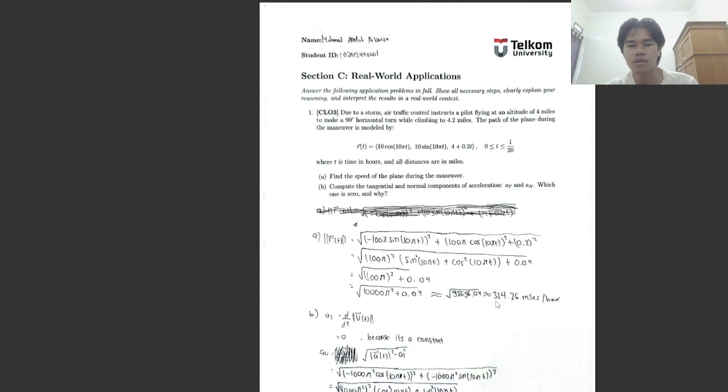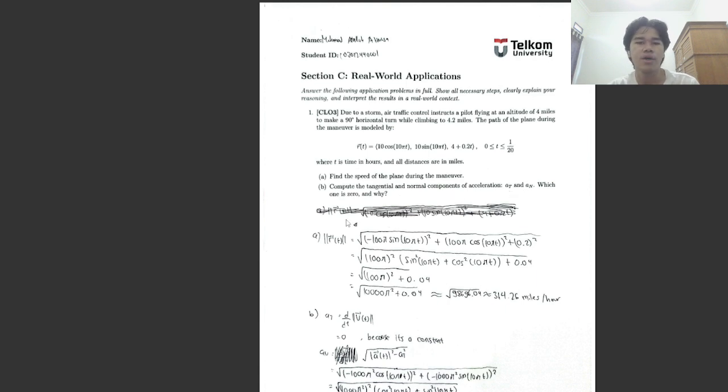If we use a calculator, this will approximately become 314.2626 miles per hour.